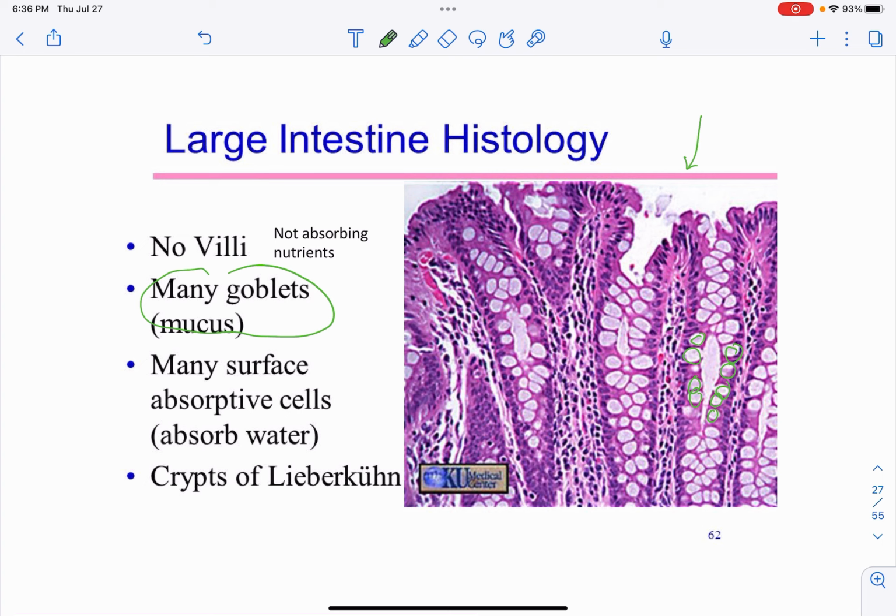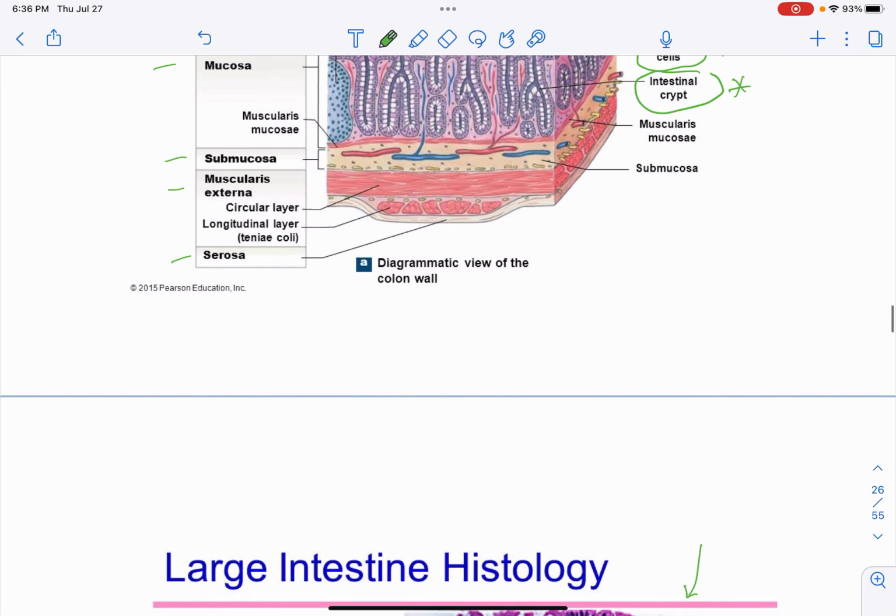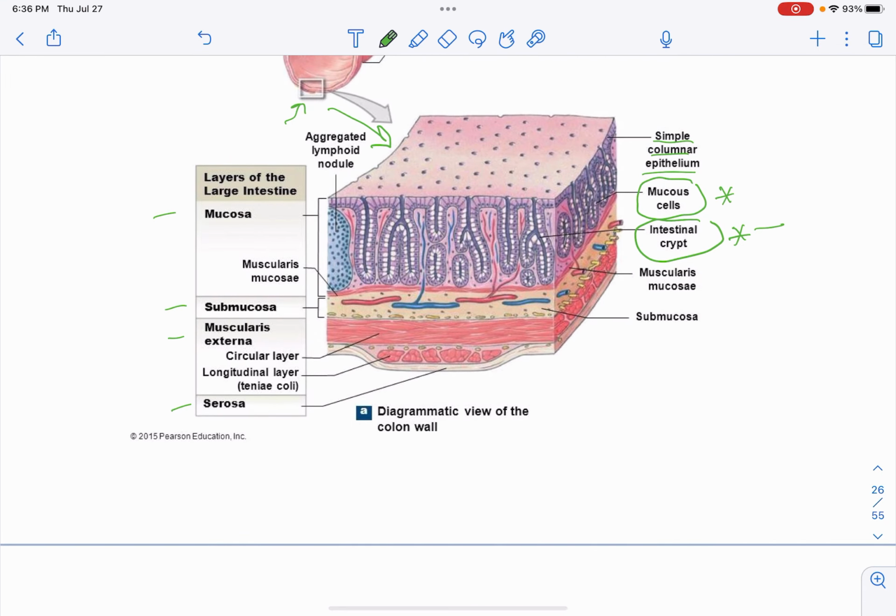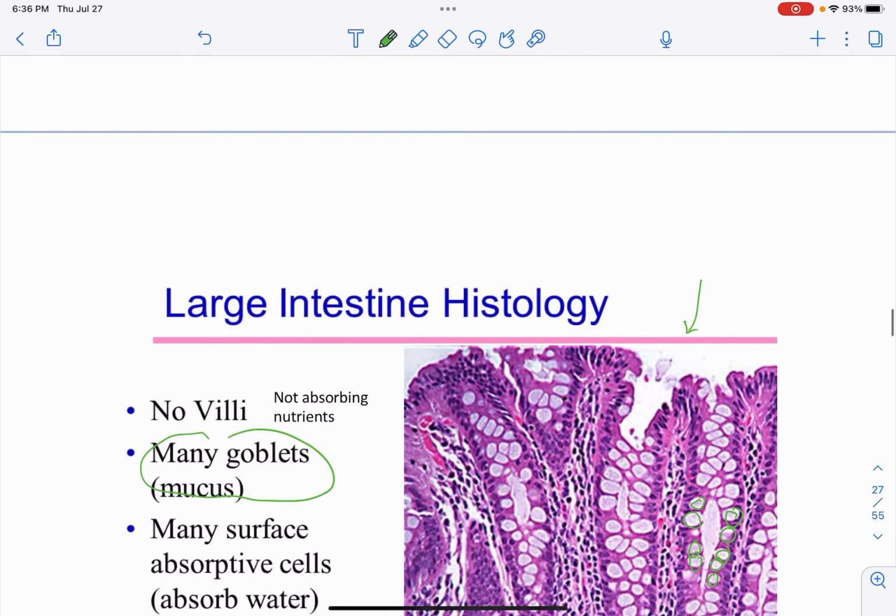These intestinal crypts that you see in the large intestines are sometimes referred to as the crypts of Lieberkühn. This was named after the person who identified these crypts. You may say intestinal crypts, though. I am completely fine with that. So if you want to use intestinal crypts and mucus cells, that works for me.